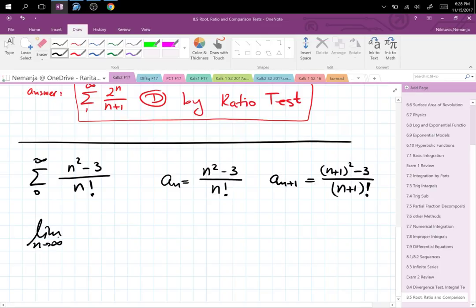Limit n goes to infinity, absolute value. Expand the an plus 1. We get n squared plus 2n and then minus 2, because you would have plus 1 and then minus 3. Divided by, peel off the extra term, so n plus 1 times n factorial.